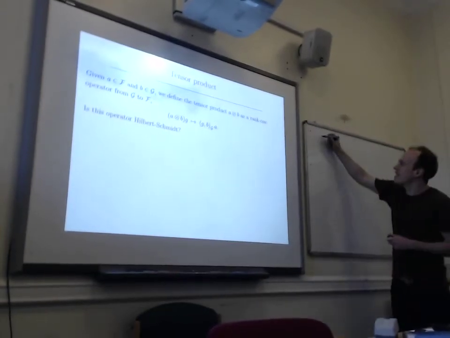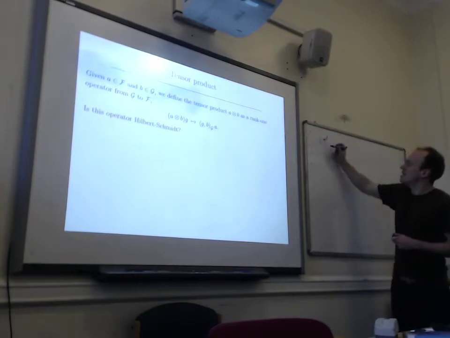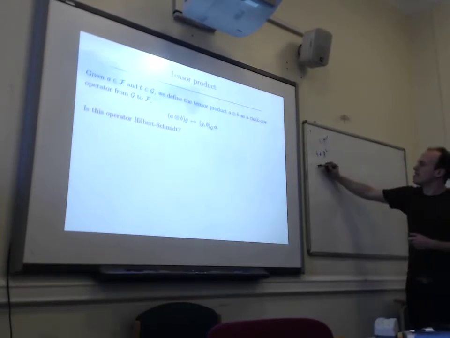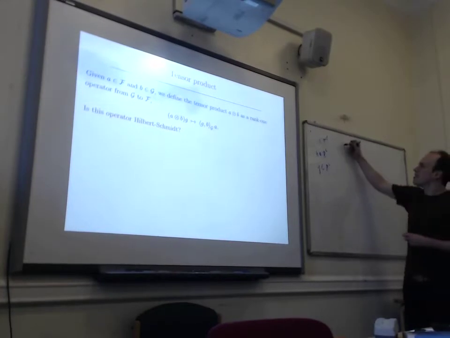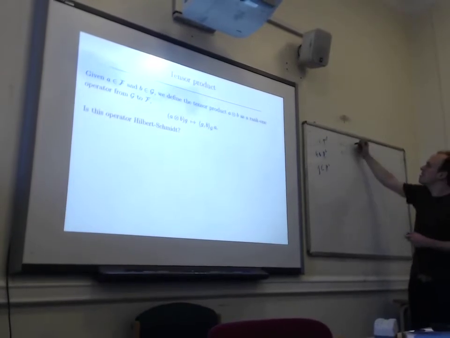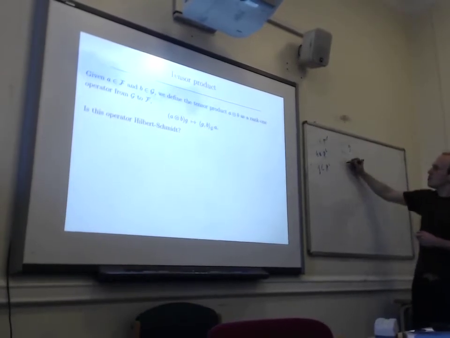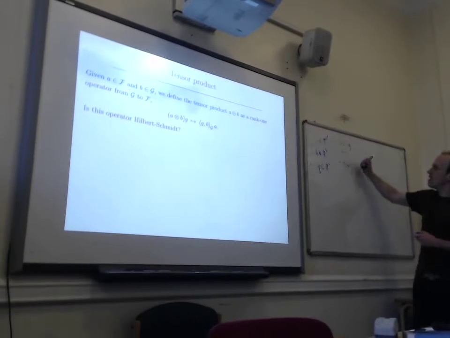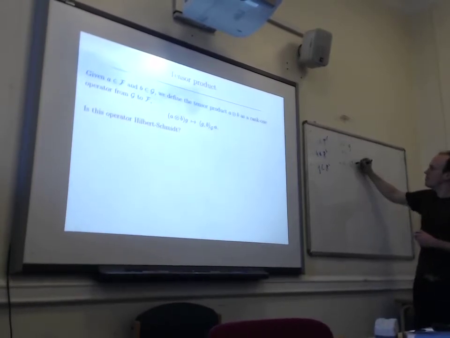Let's say that A is in R^D and B is in R^H, and let's say g is also in R^H. If I was doing linear algebra, I could say that A B transpose, which is a D times H matrix, acting on the vector g is just equal to A times B transpose g.